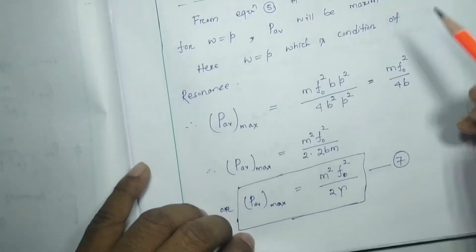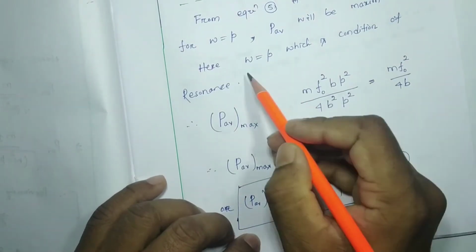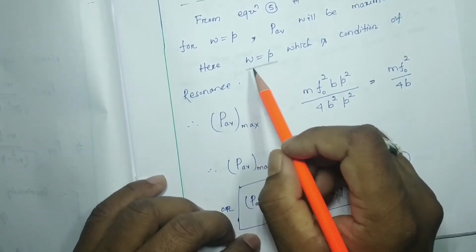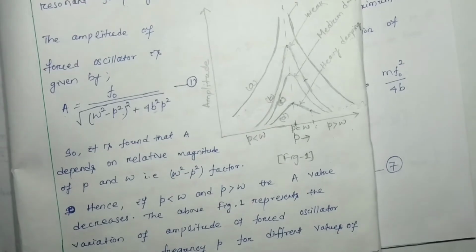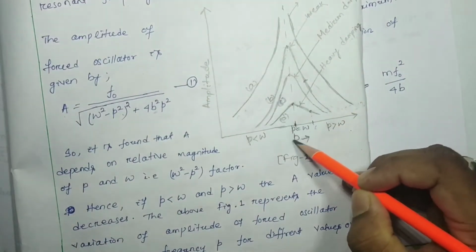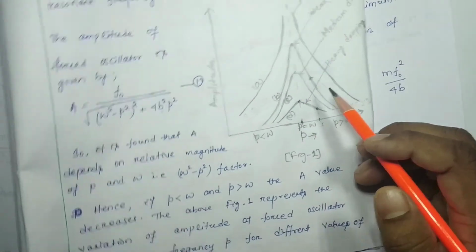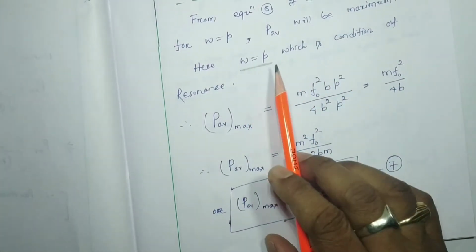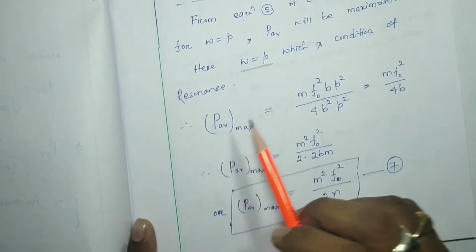When we consider omega equal to p, that is nothing but our resonance condition. We already studied it in our last class. So at resonance condition we find P average will be maximum.